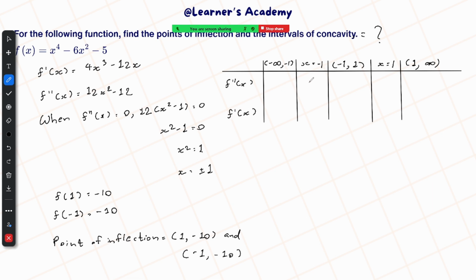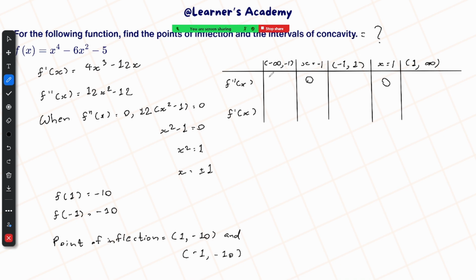When we were finding this, we found out that it is zero, because these are points of inflection, and when we substitute -1 into the second derivative, we get 0, as we calculated here.